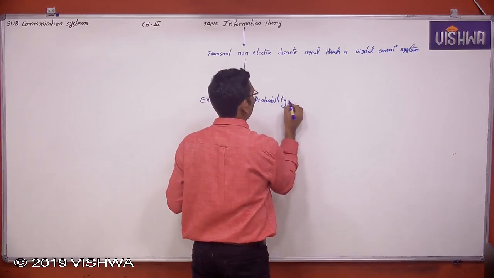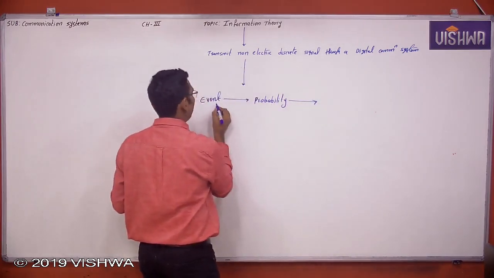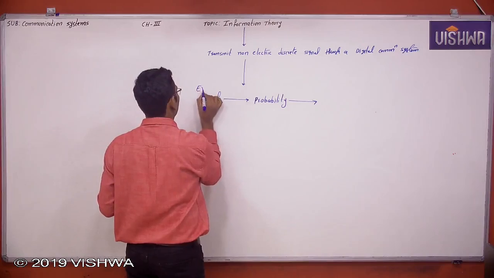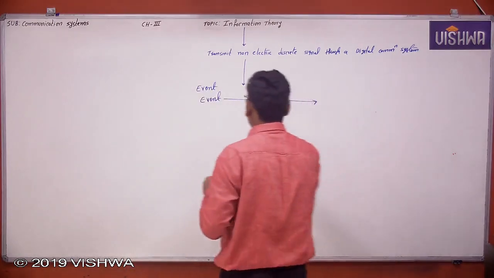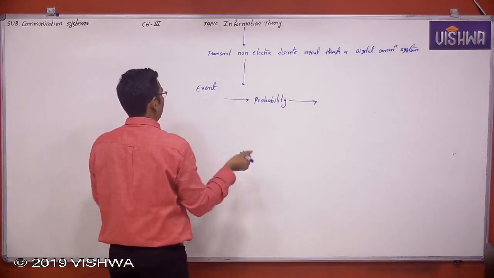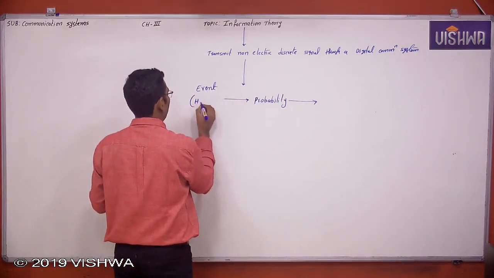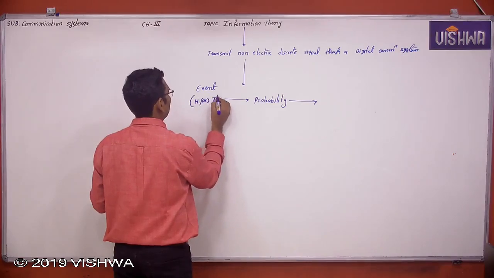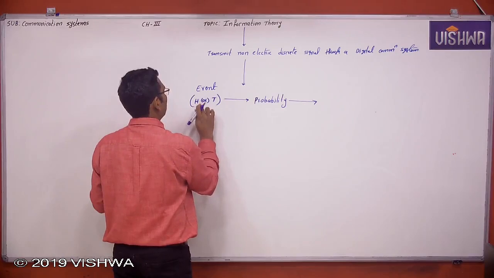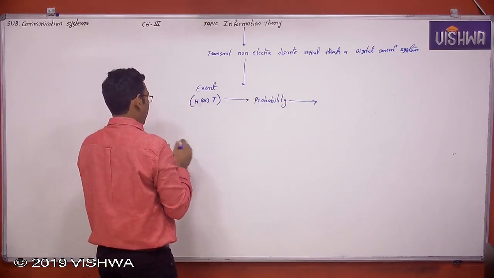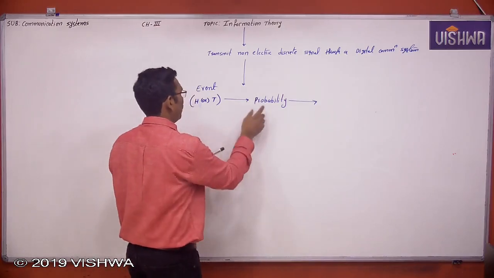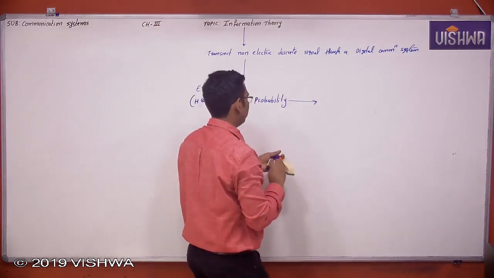So based on this probability, the event's outcomes, tossing a coin, head or tail, are converted into information with the help of probability.